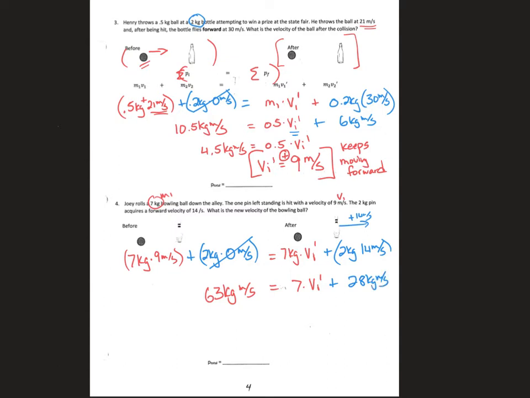So 63 minus 28 is a total of 35 momentum units, equals 7 times V1 prime. Most of us can do this in our head. 7 times 5, so V1 prime, or the final velocity, is 5 meters per second.